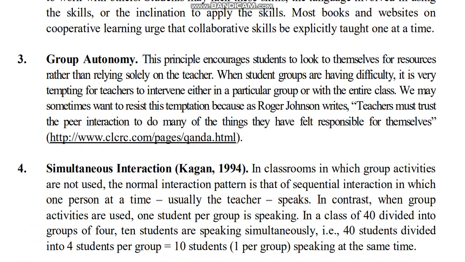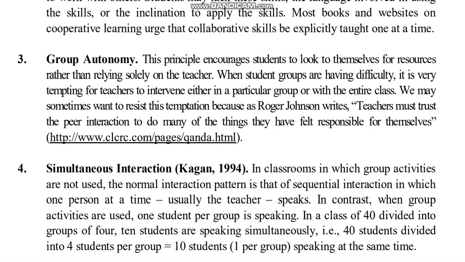Next, we have simultaneous interaction. In classrooms in which group activities are not used, the normal interaction pattern is sequential interaction, in which one person at a time, usually the teacher, speaks. In contrast, when group activities are used, one student per group is speaking.